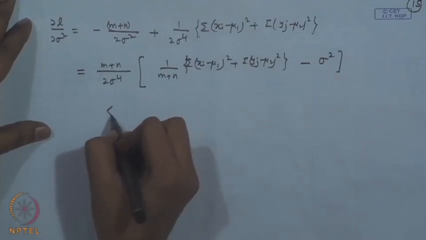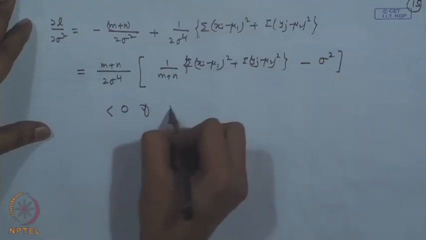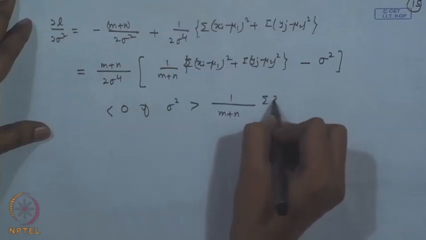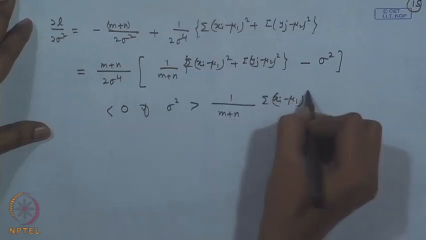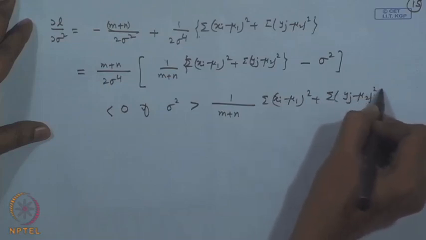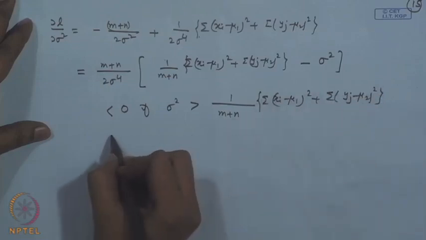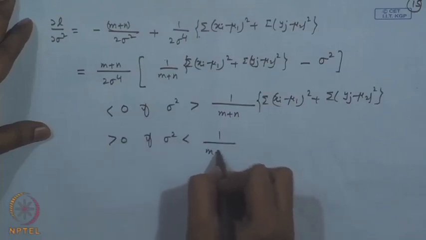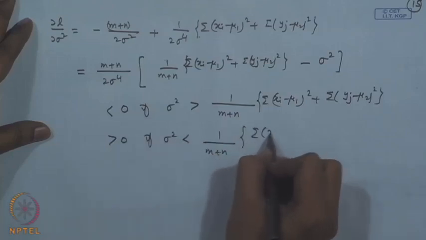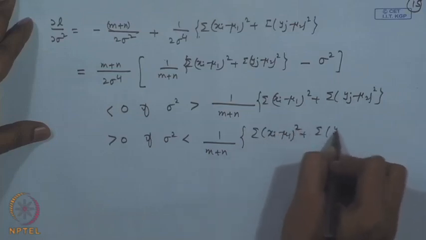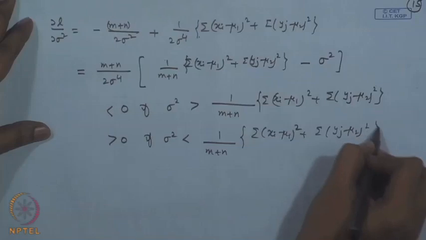Once again, it is less than 0 if sigma square is greater than 1 by m plus n, sigma x i minus mu 1 square plus sigma y j minus mu 2 square. It is greater than 0 if sigma square is less than that value.